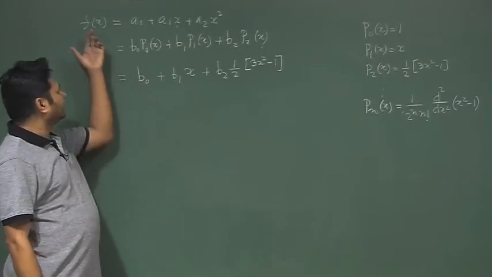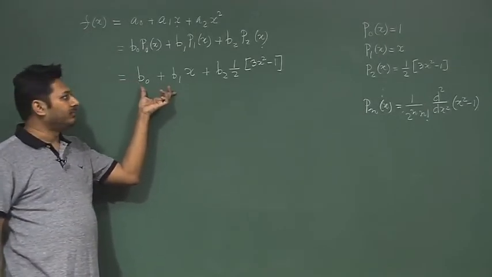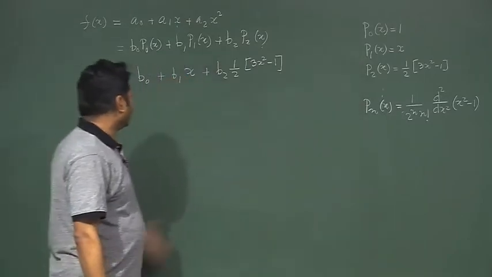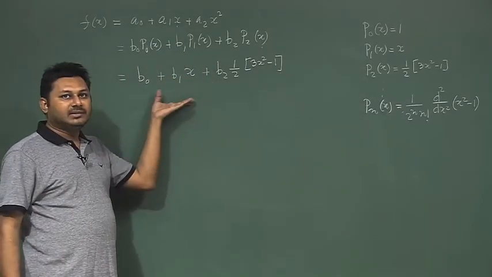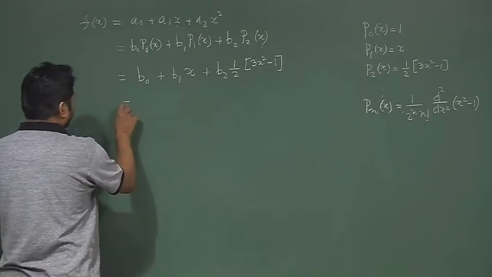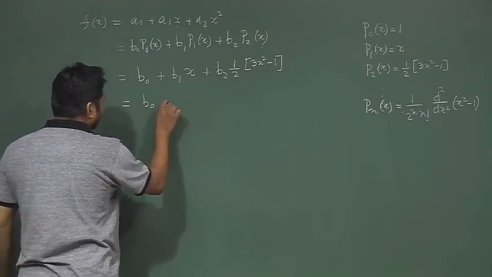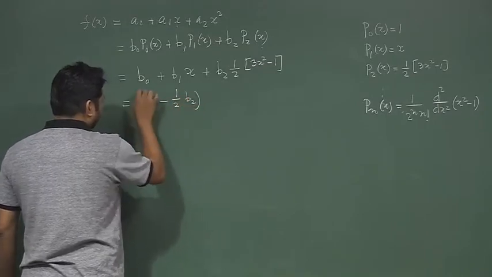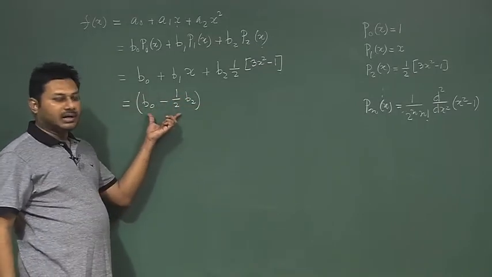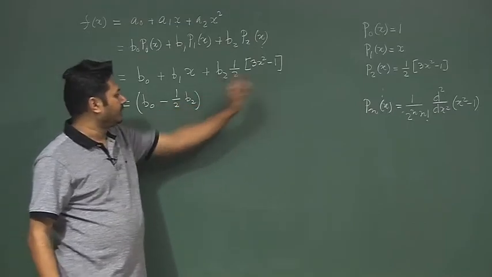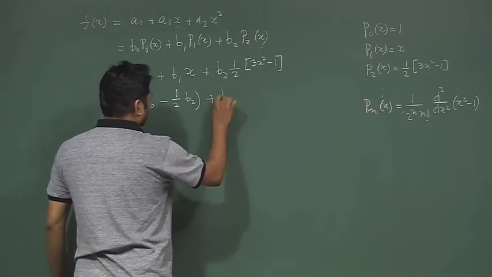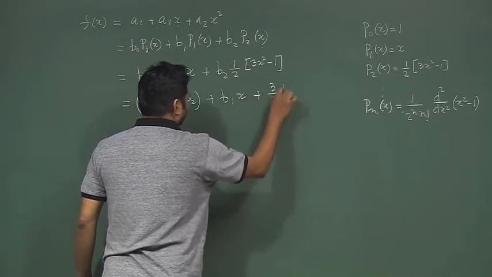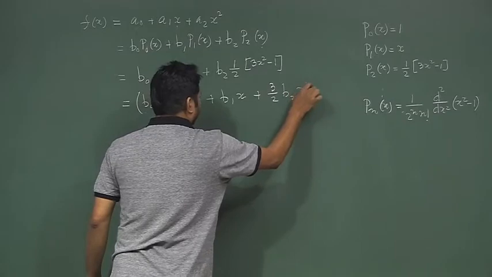If I expand the same function in terms of my given basis, which is the Legendre polynomial, I will have these things. Now, if I slightly rearrange these things, I should write B0 minus B2 by half, plus B1 x, plus 3 by 2 B2 x square.